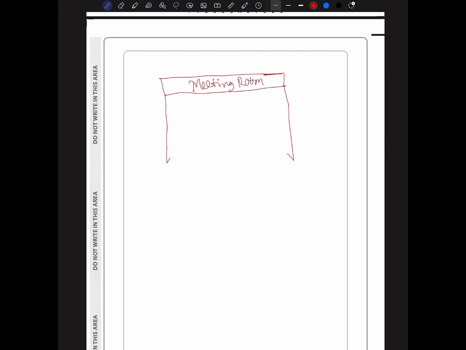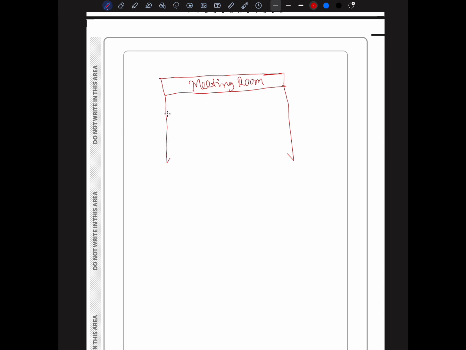Mostly, for the meeting room, the software helps users book the meeting room. Because a lot of people will be there during that time, they need to book in advance so that they can use it.